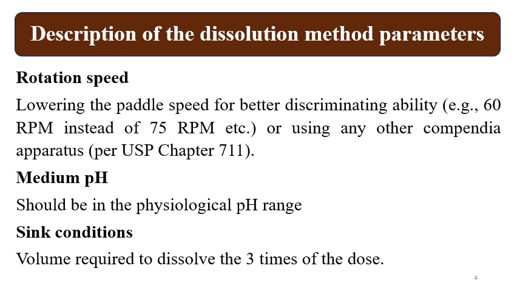Then coming to the medium pH. The medium pH should be in the physiological pH range, and if it is not, then it is required to be justified and data to be submitted. Then the sink conditions. Based on the API solubility, the volume required to dissolve 3 times the dose is known as sink condition.